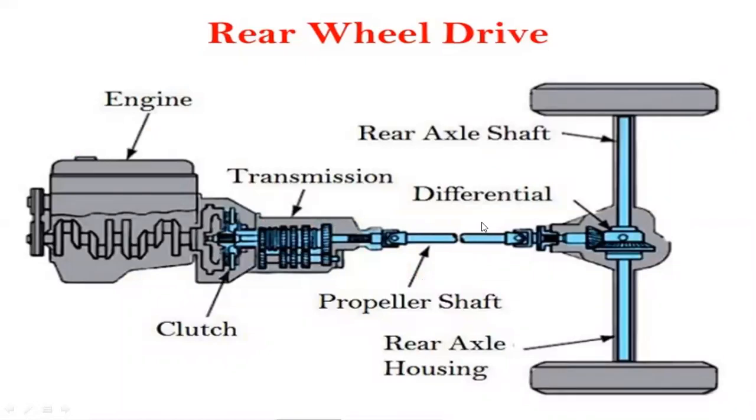So the power should be transmitted from the engine. Engine power is transmitted through the rear wheels. So where should we place the propeller shaft in this rear wheel drive operation? It is the engine.